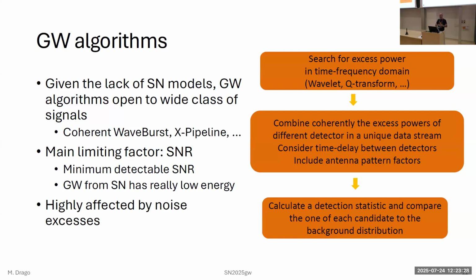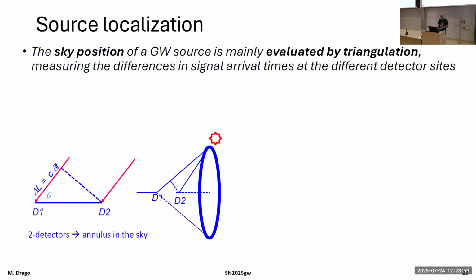Because what you are searching for is something a little above the noise level, practically. So it's not a matched filter that you can dig with, but you are practically limited by that. So you have to try to not be affected as much as you can by the noise excesses. But about this, I'm sure that tomorrow Sergey will have a better explanation.